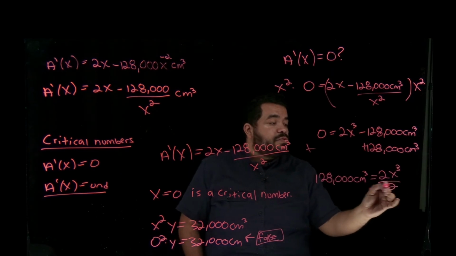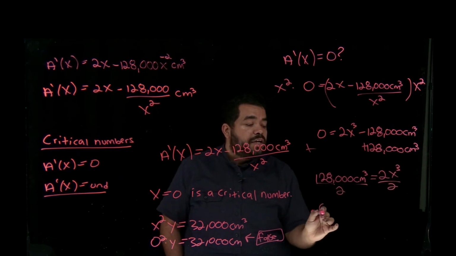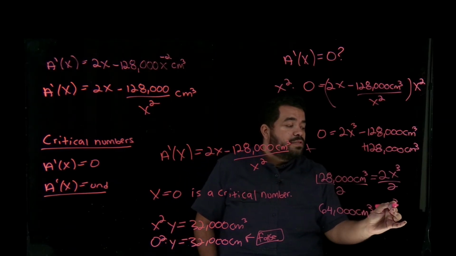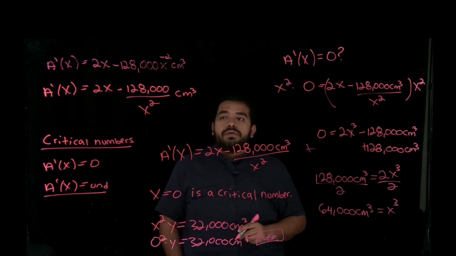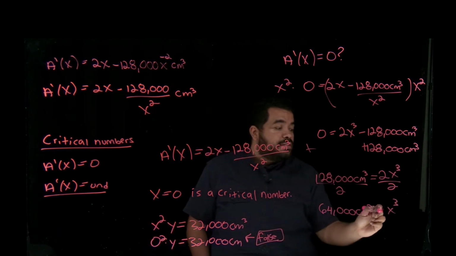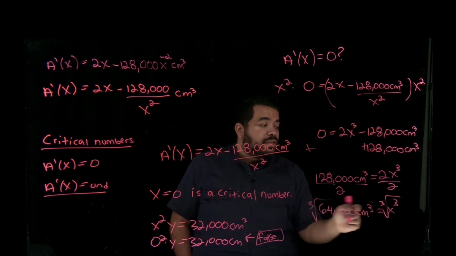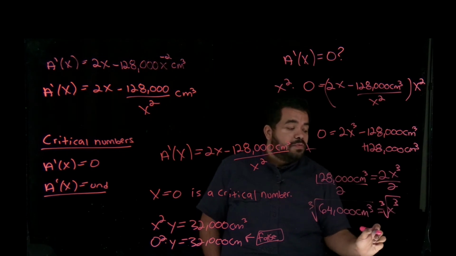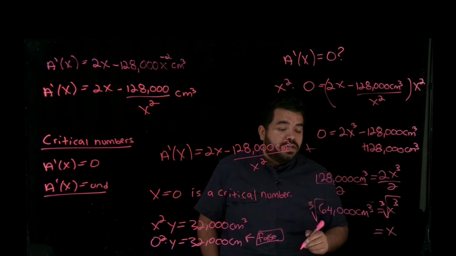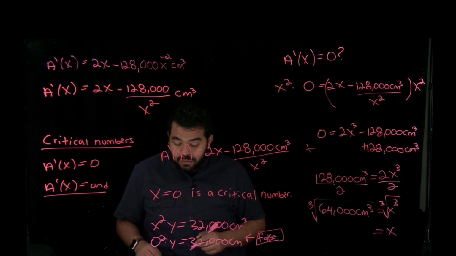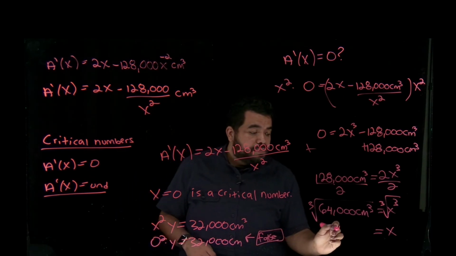Divide both sides by 2 to isolate your x, and now we have 64,000 centimeters cubed equals x to the third power. Now, what we have to do is take the cube root of both sides. Taking the cube root of both sides will cancel out this x to the third power and just leave me with what I want, which is just an x. If you plug this into your calculator, you're going to end up with the answer of x equals 40.